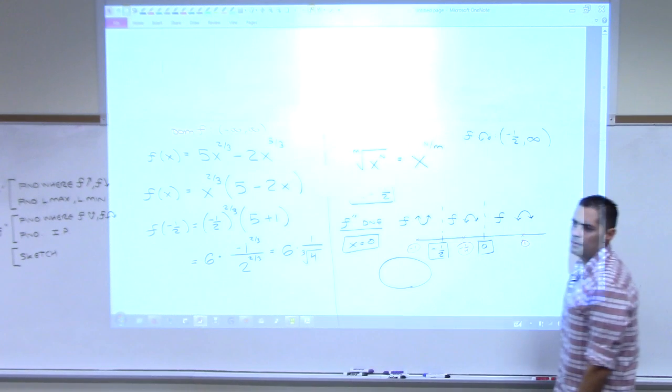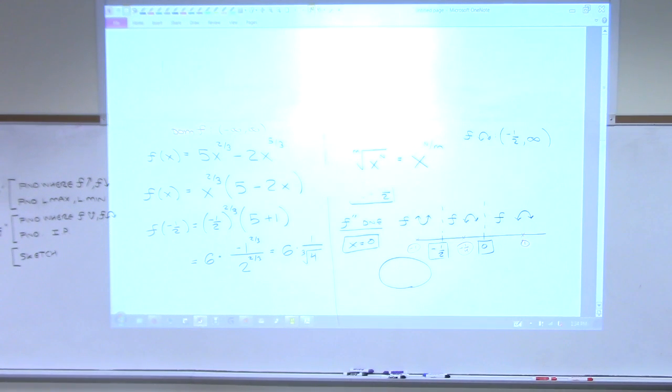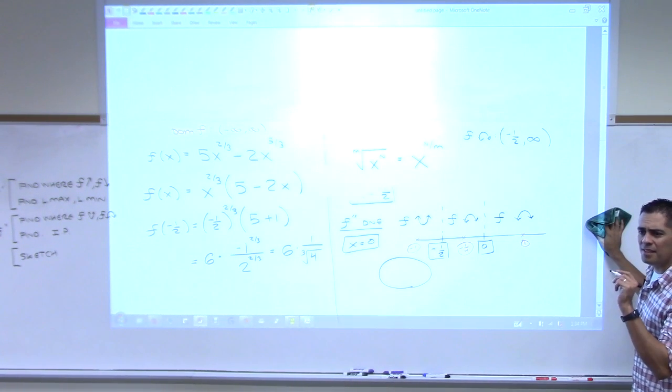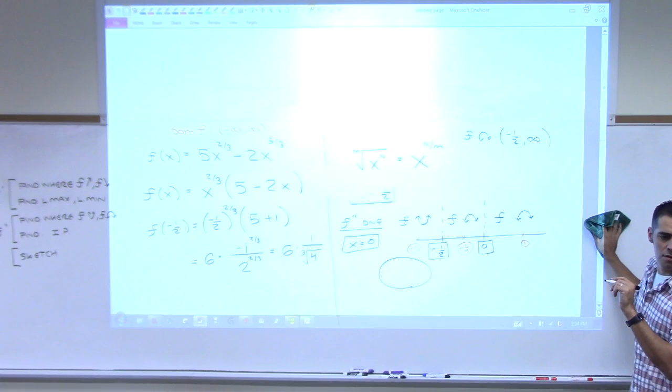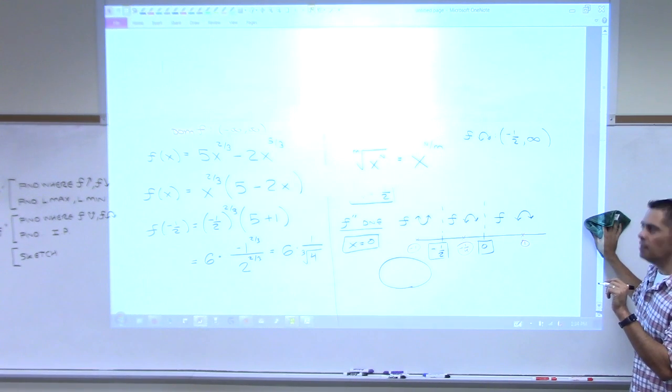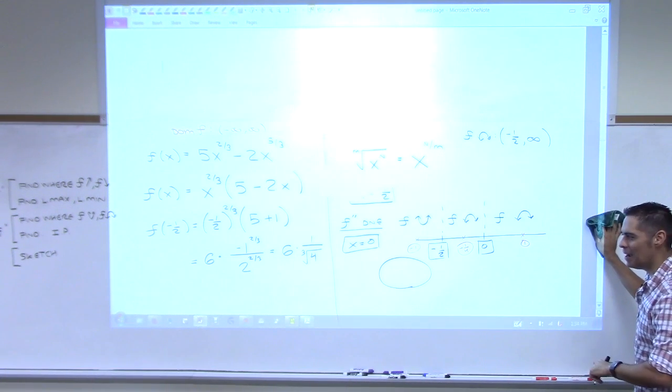That's the formula that you were using. So whatever is on bottom is the root. Whatever's on top is the power. All right, we good? Our inflection point was -1/2 and then 6 over the cube root of 4, right?